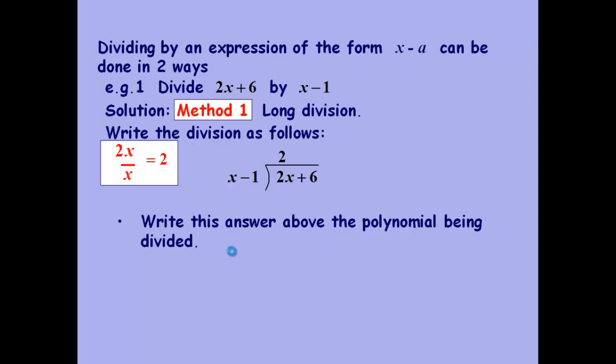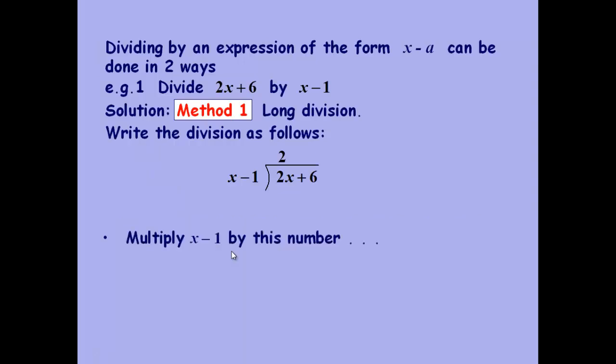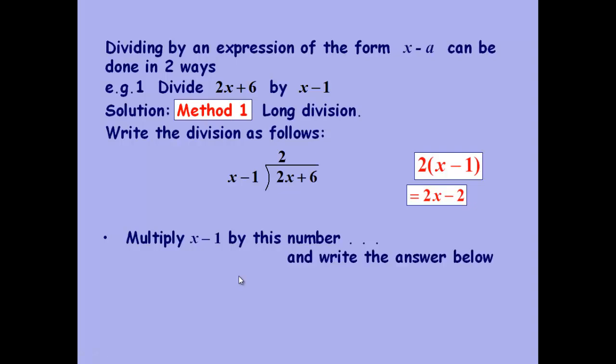And we get 2 times x minus 1 gives us 2x minus 2. And we subtract that, because at the moment we've got two lots of x minus 1. This is what we started off dividing into, so we want to see what we're left with. 2x from 2x gives us 0. Well, if this bit didn't give us 0, we would have done something wrong.